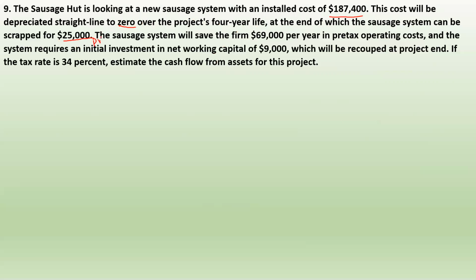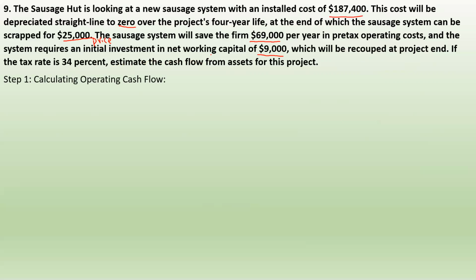This is the market price. This sausage system will save the firm $69,000 per year in pre-tax operating cost, and the system requires an initial investment in net working capital, which will be recouped at the end of the project. If the tax rate is 34%, estimate the cash flow from assets for this project.